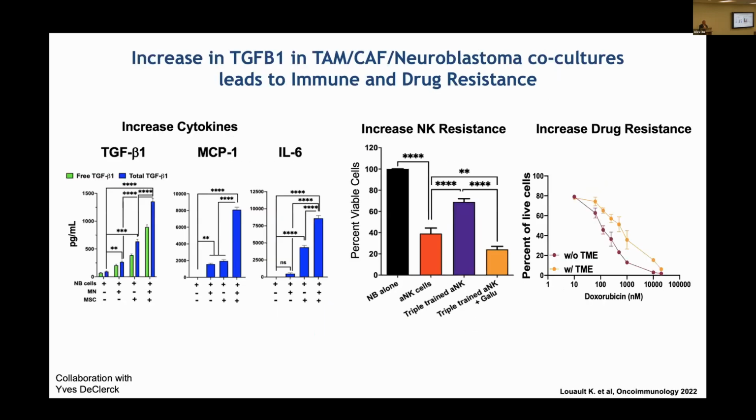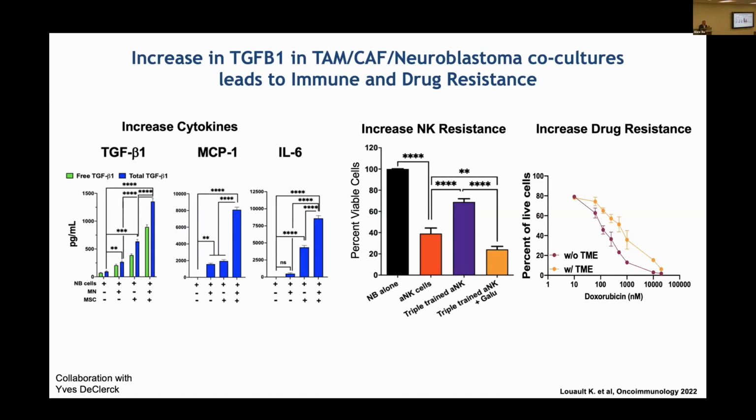So this is, again, a quick synopsis of some of the effects that we saw. When you co-culture all of these things, we see an increase in TGF-beta that's a lot more pronounced than with tumor cells alone, with a co-culture with monocytes, or with the CAFs. What happens in this triple culture is that the NK cells stop working. And when you give galunisertib, which is a blocker of TGF-beta, that increases the NK cytotoxicity again.